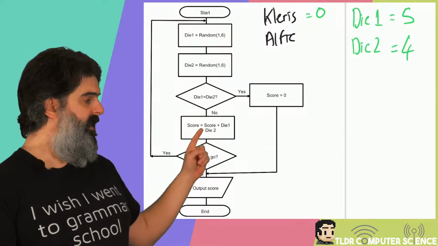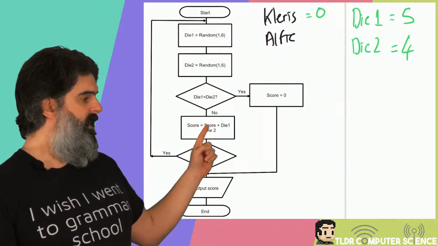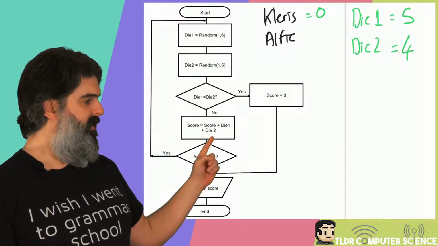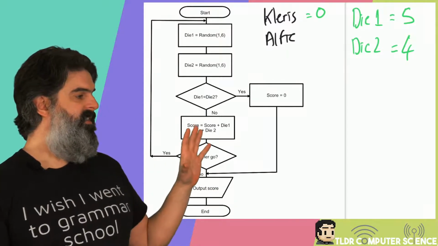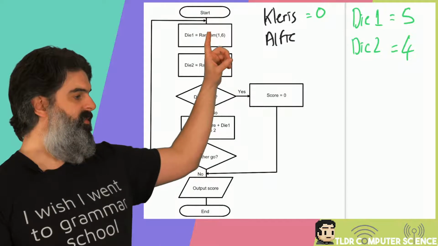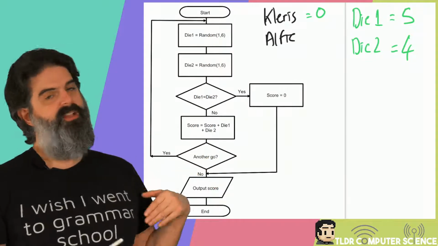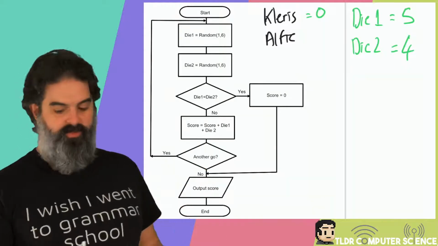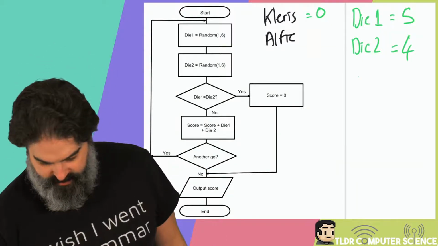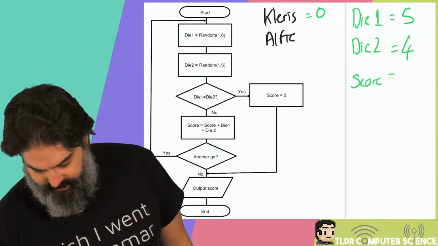So it's going to come down here and it's saying score equals score plus die 1, die 2. But here's an issue you might have, because score is not refreshed. I guess we have to assume it starts at 0. We'll say 5 plus 4 plus 0, so score is 9.